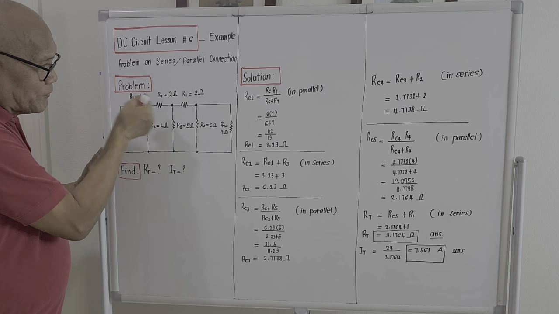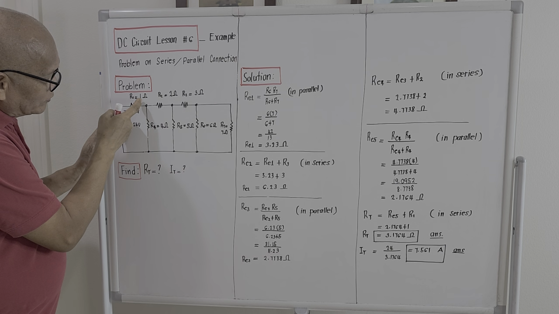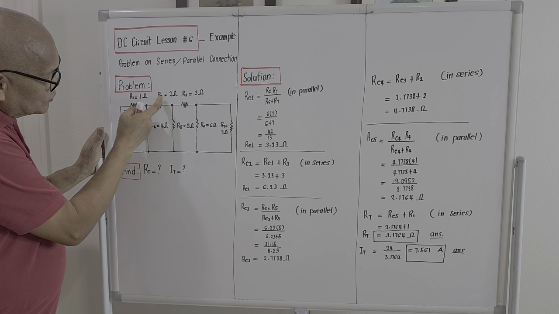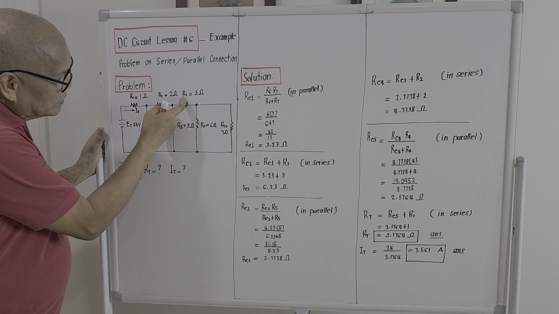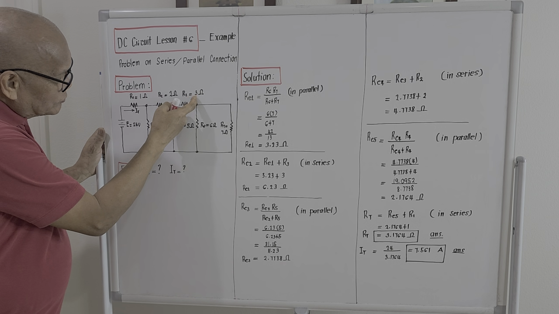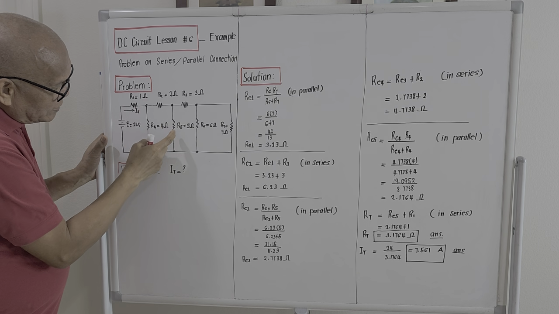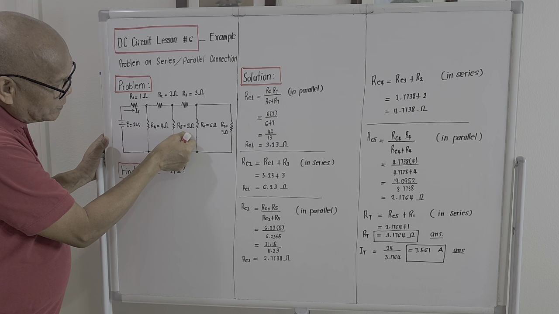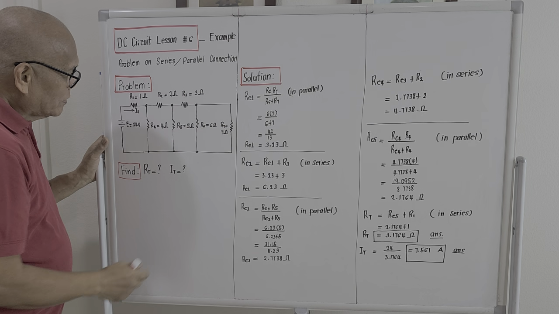The subscript refers to the number of the resistances. So R1 will be 1 ohm, R sub 2 will be 2 ohms, R sub 3 is 3 ohms, R sub 4 is 4 ohms, R sub 5 is 5 ohms, R sub 6 is 6 ohms, and R sub 7 is 7 ohms.